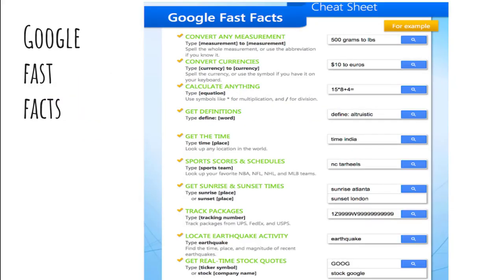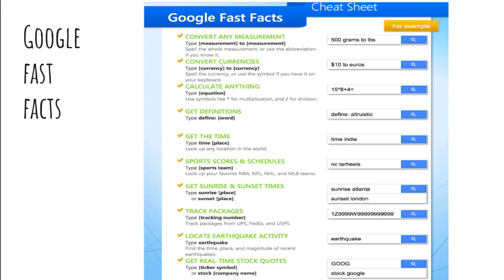Here are a couple other things that Google will do for you. It's pretty cool to know these things. You can convert measurements and currencies. You can calculate anything by just typing it in there. You can get definitions of things, the time, sports, sunrise and sunset in different locations, track packages, locate earthquake activity, and get real-time stock quotes.